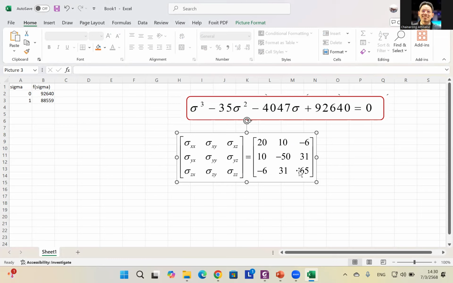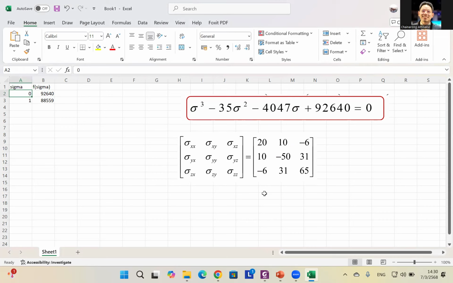So we have the normal stress here that is around minus 50 to 65. So we may start with around minus 60, I think. And it's maybe minus 50 or something.